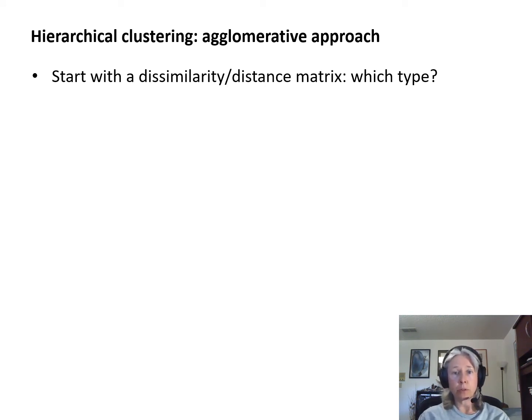And so the question is, what type are you going to use? Well, that depends upon the structure of your data. And so what I want to do now is sort of go through the logic process of picking a dissimilarity metric to use.